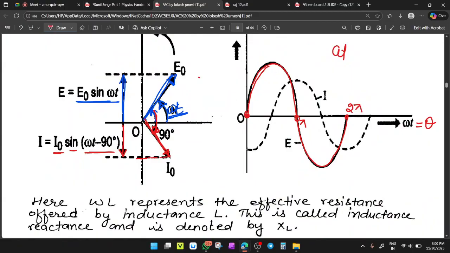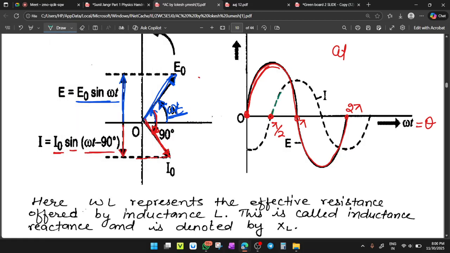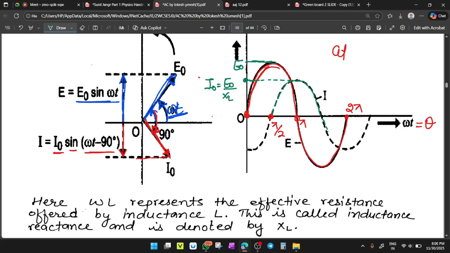Your voltage starts from theta equal to 0, but your current will start from theta equals pi by 2. So your current will start at an angle of pi by 2, so it will lag. Make a wave graph for current that has less magnitude compared to the EMF, because the EMF has the magnitude E naught, but the current has the magnitude I naught, and I naught becomes E naught upon XL.